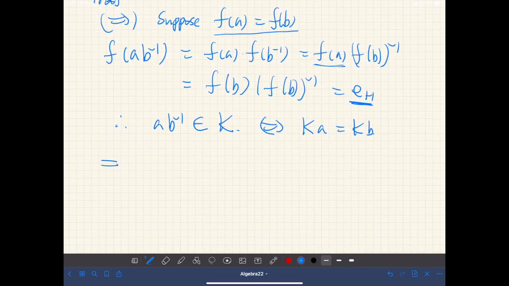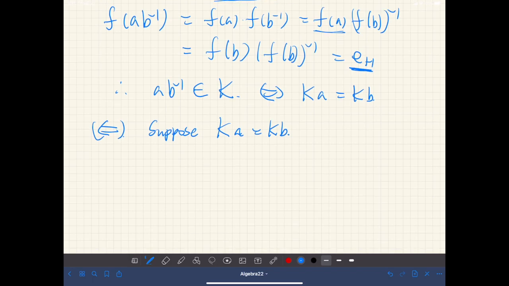Then next prove the if part. So suppose Ka is equal to Kb. Okay, then this means there exists some element k in the kernel K such that A is equal to kb.